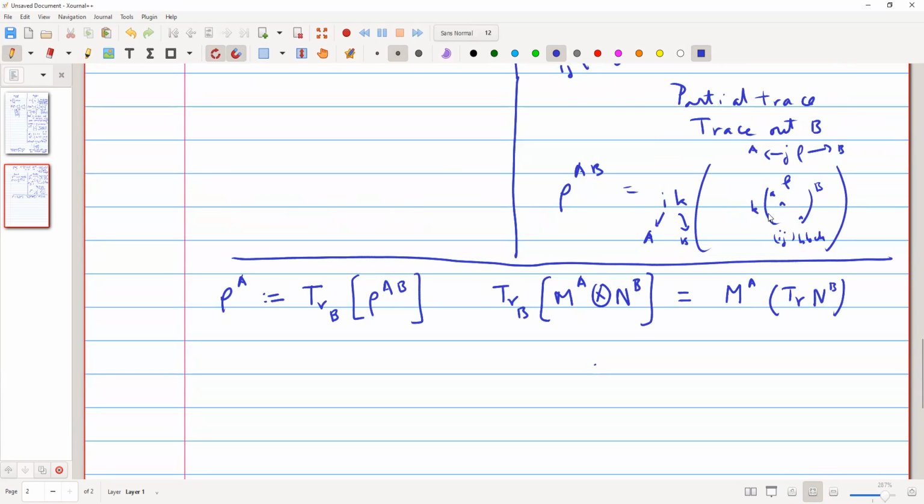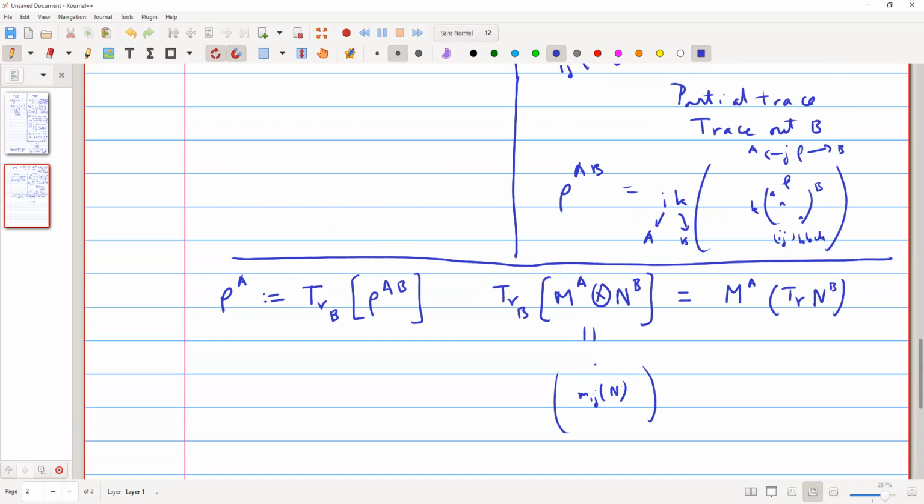If I break it up into blocks, the ijth block has the whole N_B sitting there, multiplied by M_ij. So this matrix looks like this: there's this block out here, this is M_ij, and this matrix is M. This is how the canonical product looks.